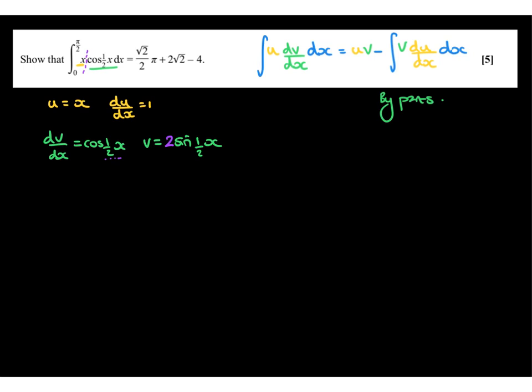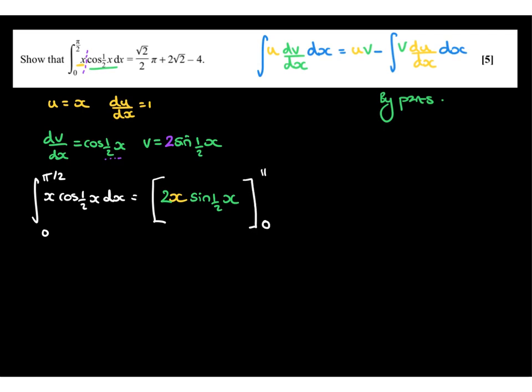So let's put together our result. So the integral of x cos a half x dx between 0 and pi by 2 is equal to uv first of all. So that is x multiplied by 2 sine a half x. And of course we need to make sure we put the limits of 0 and pi by 2 in at some point.